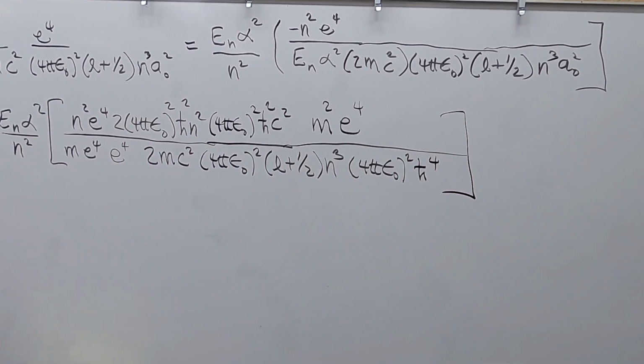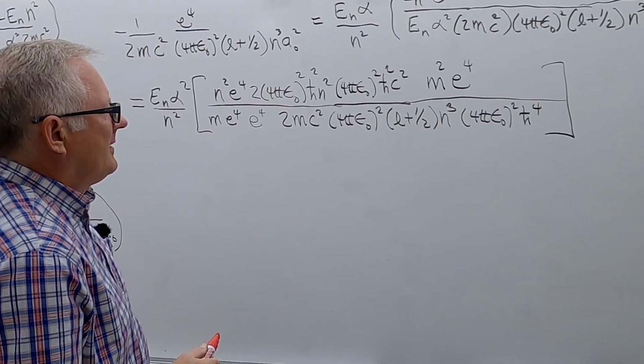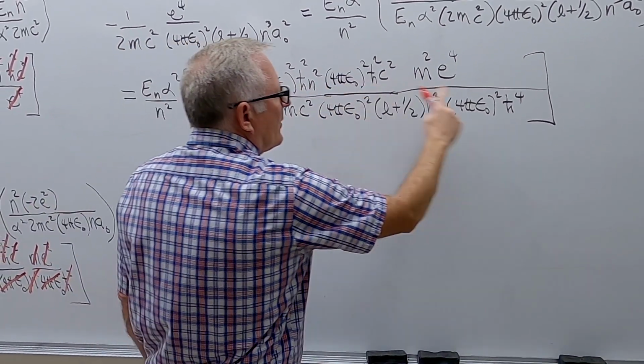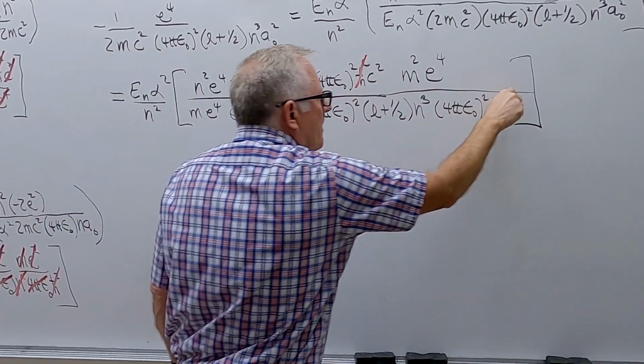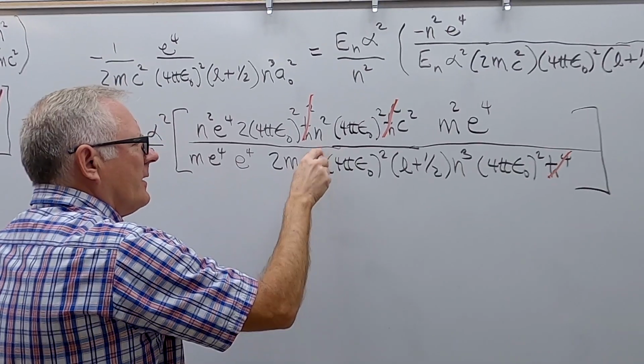Okay, so hopefully a lot of stuff here will cancel out. Well, let me see. If we look at all the h bars, there's an h bar squared, h bar squared, h bar to the fourth. So they're gone. We got a c squared, they're gone.